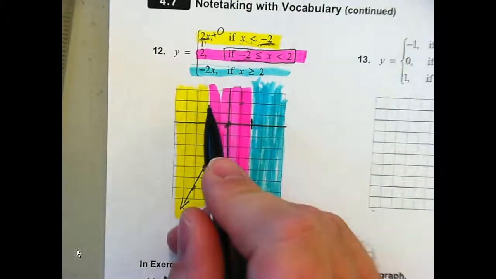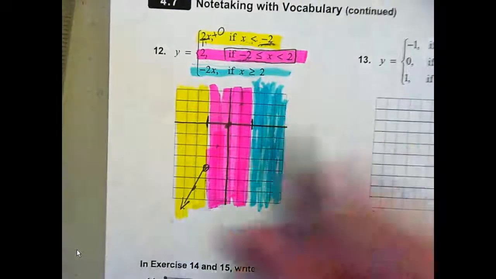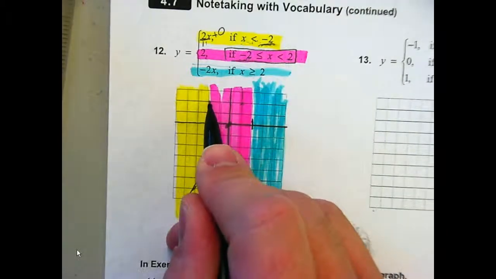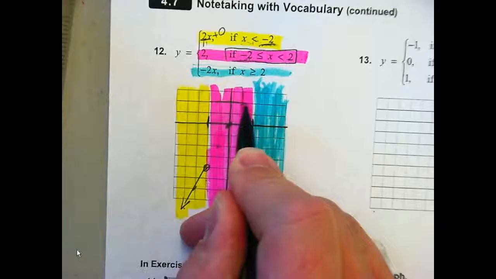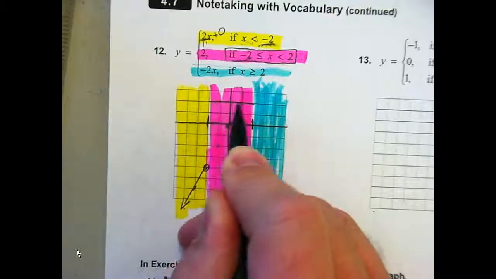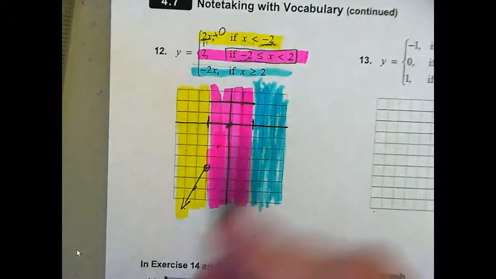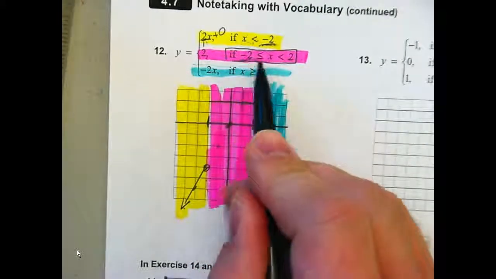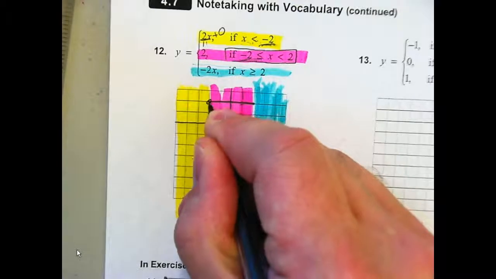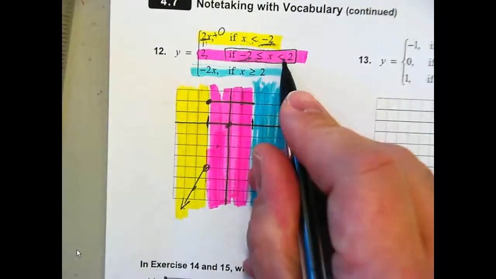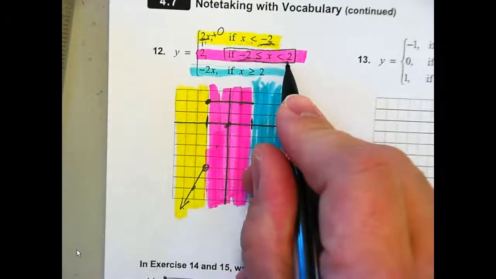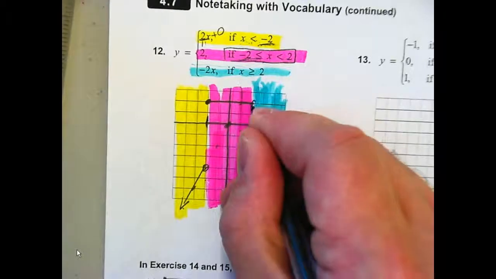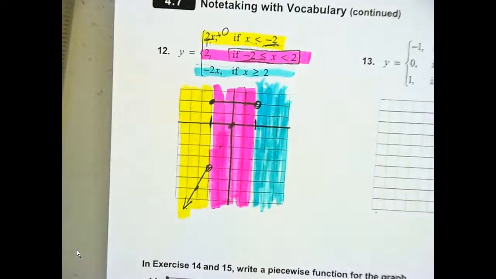So that means y is always 2 in the pink area. That is just a straight line that goes across at 2. Okay? Could x be negative 2? Yeah. So we could have a solid dot there. Could x be positive 2? No. So we got to look at the endpoints and say, well, it can't be that on that line.